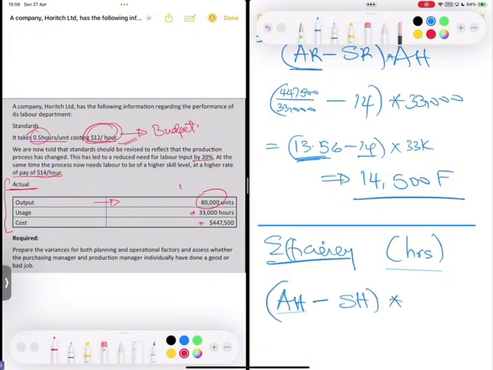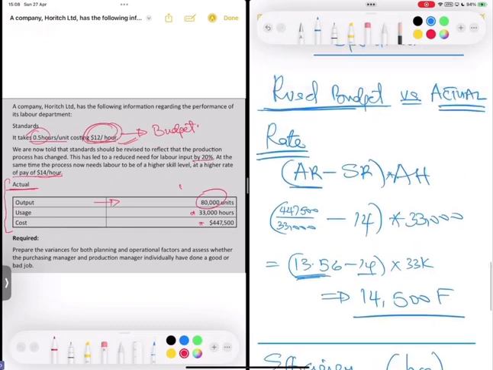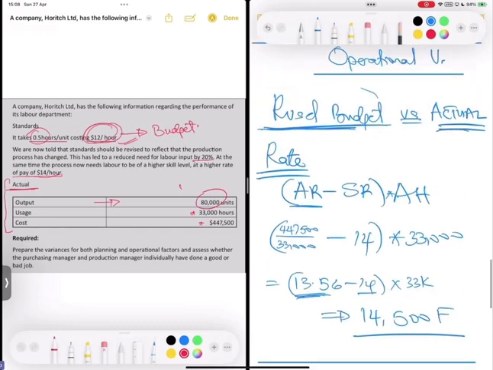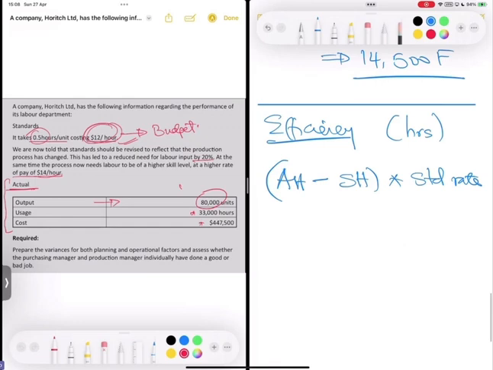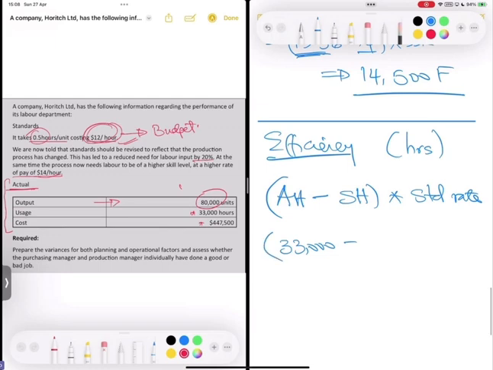Then I said our valuation will always be at standard price. So this time around, standard rate. If we are comparing revised budget and actual, definitely this is our standard. So actual hours, 33,000. Revised hours, which is standard hours, is supposed to be 0.4 times 80,000.